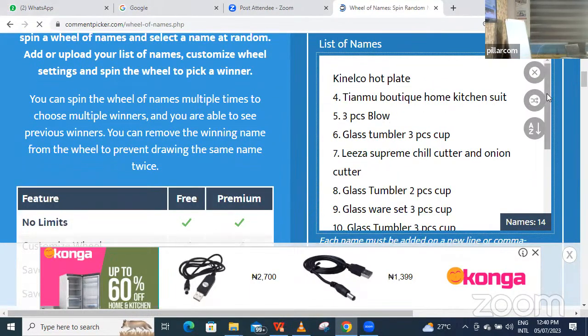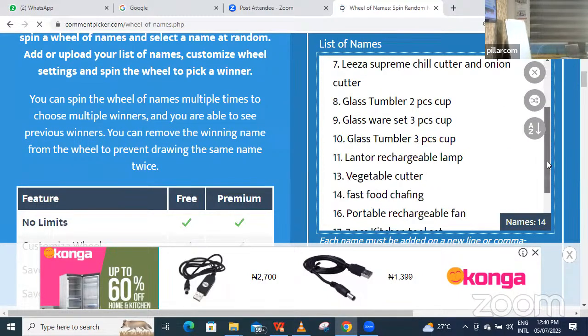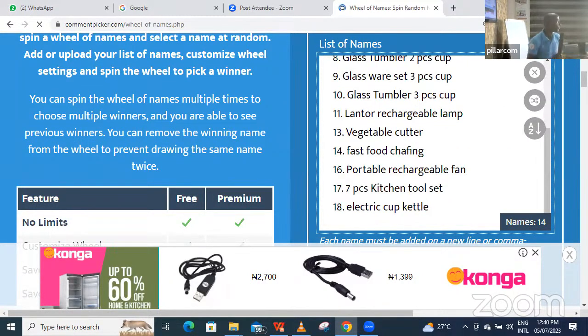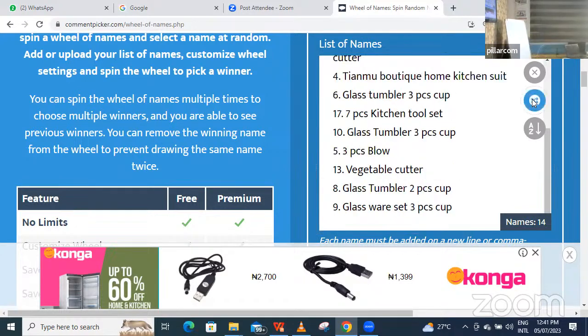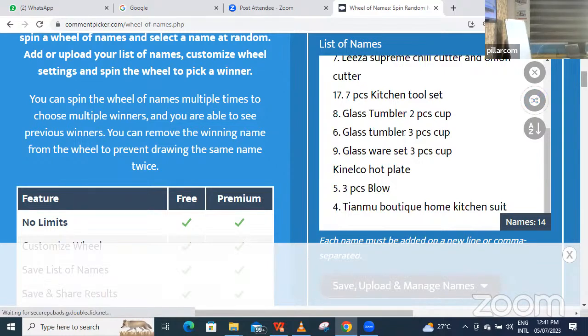I'm about to roll so that I will know the gifts that are going out today. Once we know the gifts going out, we can know the person taking the gift home, whether it's the online people or the physical presence. Let me reshuffle.